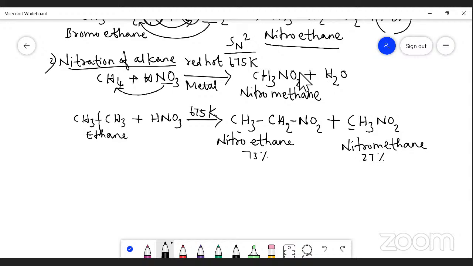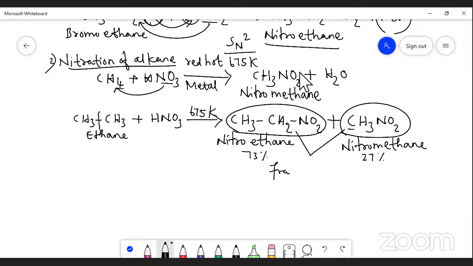These two compounds, one is nitroethane and another one is nitromethane, occur as a mixture. The product is a mixture, and these two can be separated by fractional distillation.